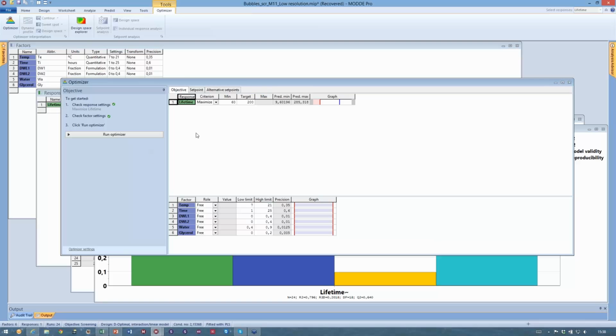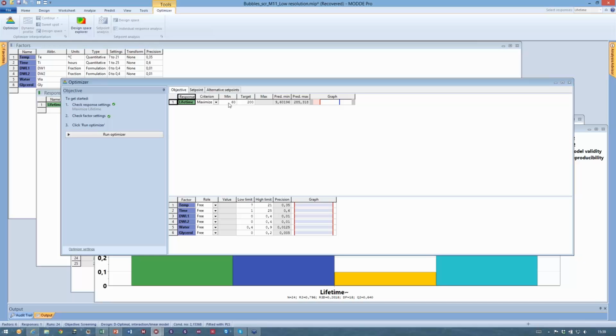The MODDE optimizer is an automatic search functionality based on a desirability function and simplex optimization that will automatically search through a myriad of factor combinations, trying to locate a combination of factors, the so-called set point, that encodes a predicted response value that is in line with specification.